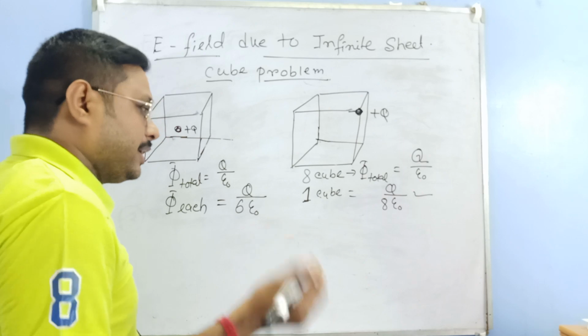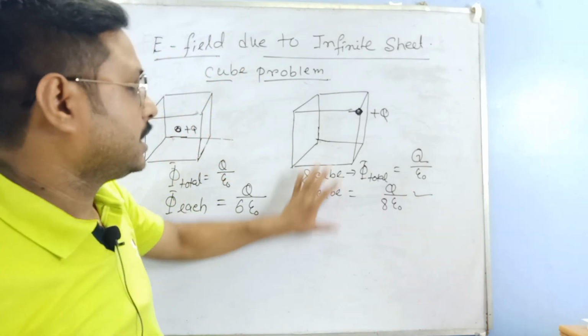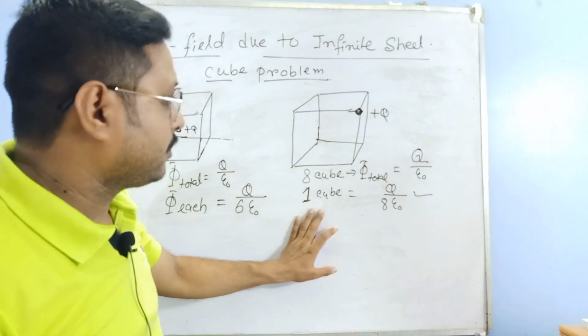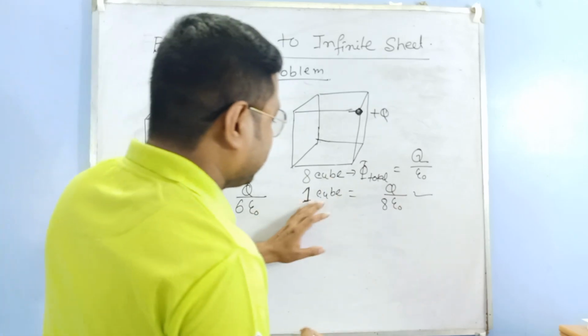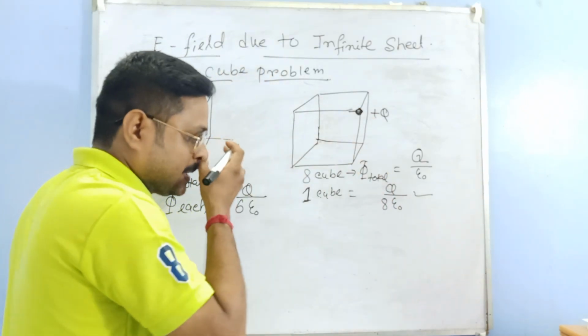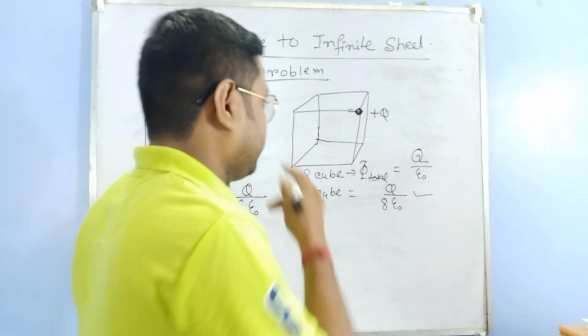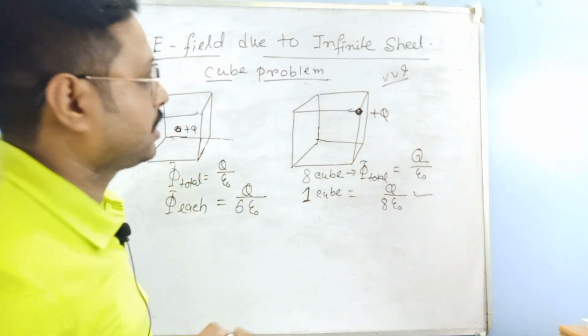Now if it is asked what the flux due to each face is, here we cannot simply say that 1 cube means 6 faces, that is, the flux through each face is q by 6 into 8 epsilon naught, that is 48 epsilon naught. This is very, very important for JEE or NET exam.